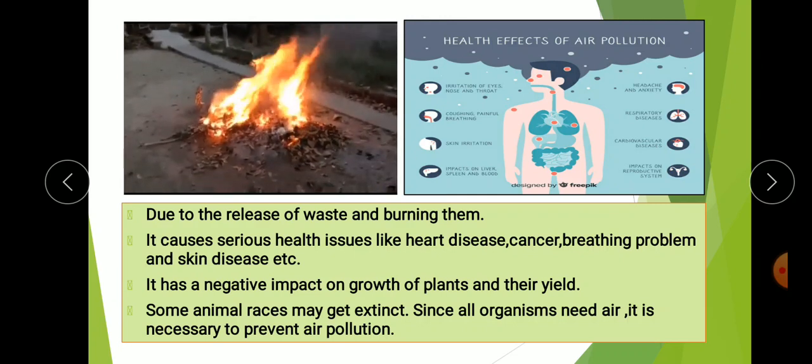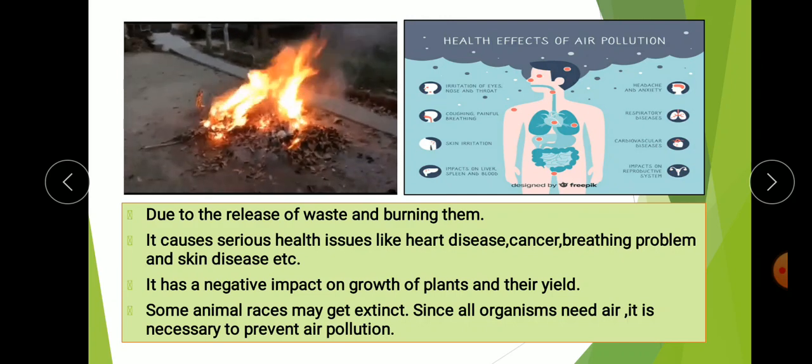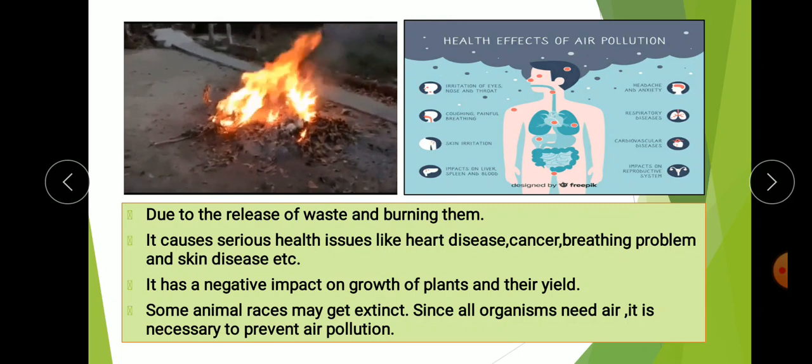It is necessary to prevent air pollution. All living organisms need fresh air to breathe.